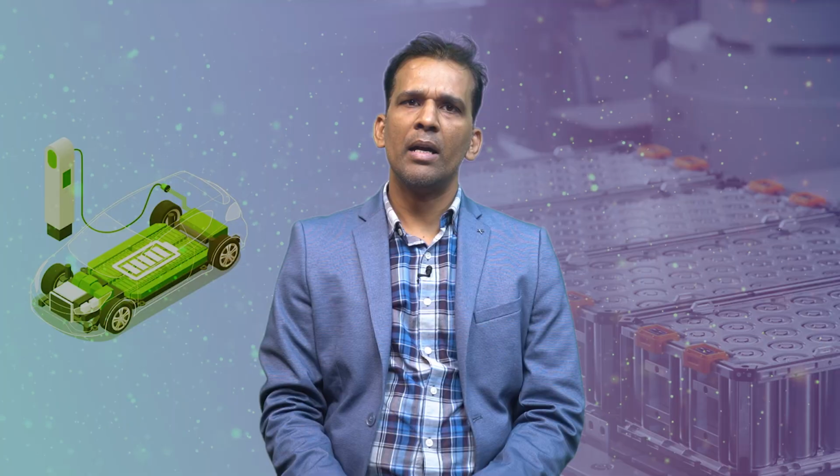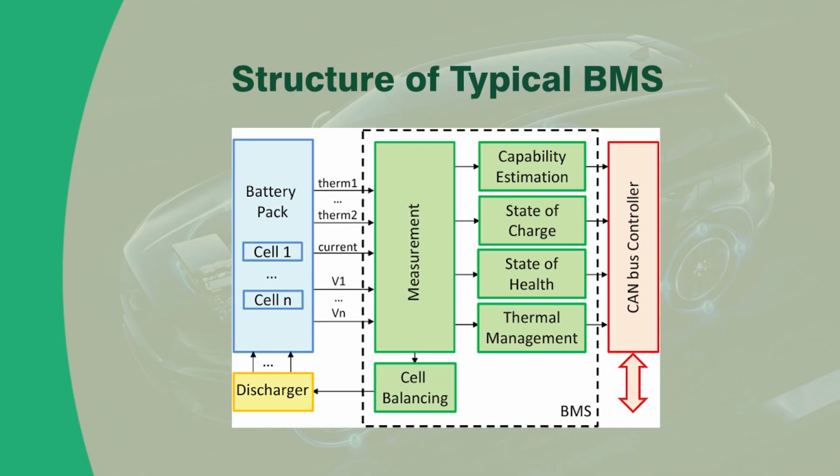So, let us understand the typical structure of the battery management system. Here you can see the battery management system discussed in different blocks. The battery pack is basically an interconnection of different lithium ion battery cells. Okay.